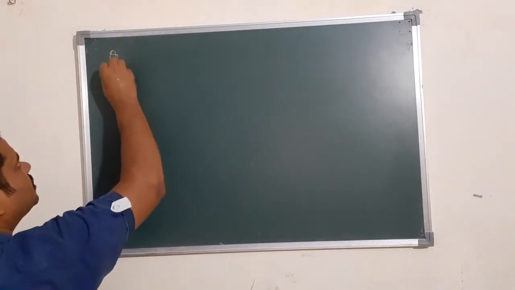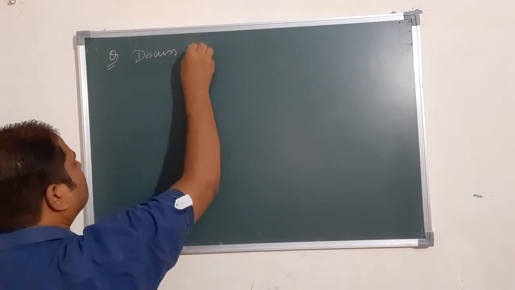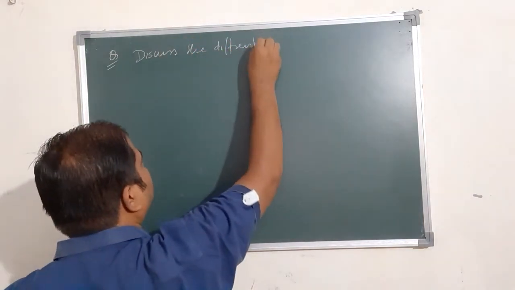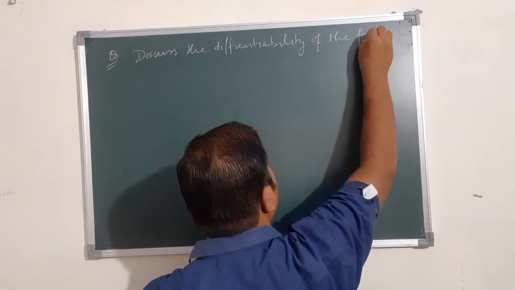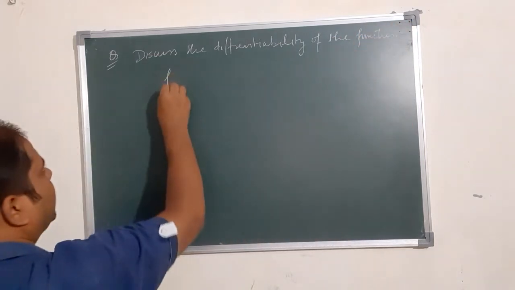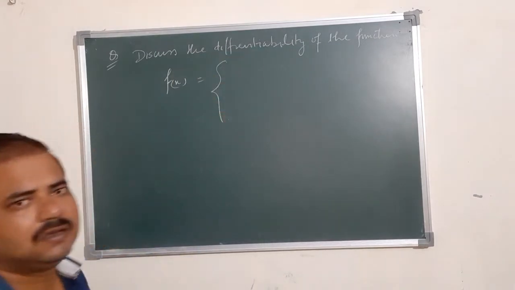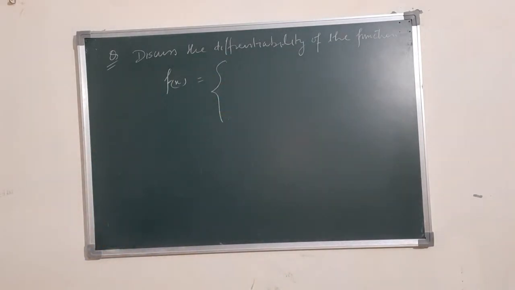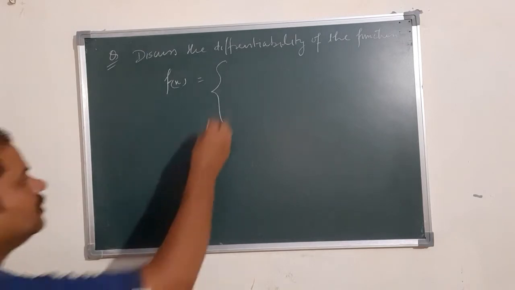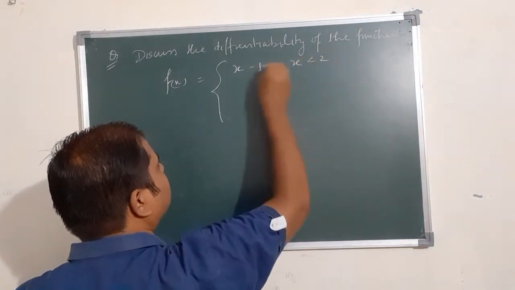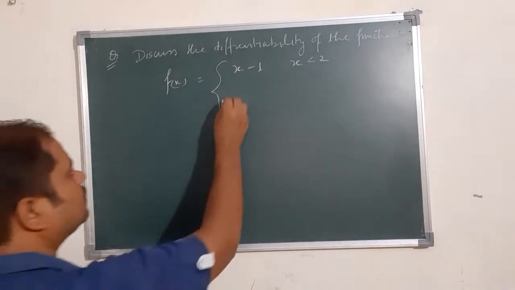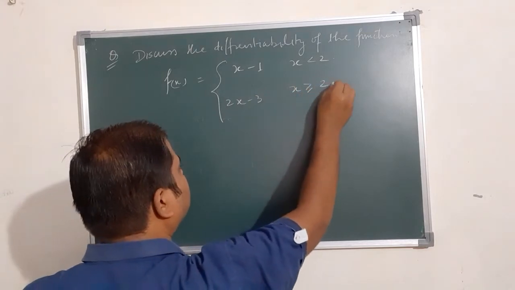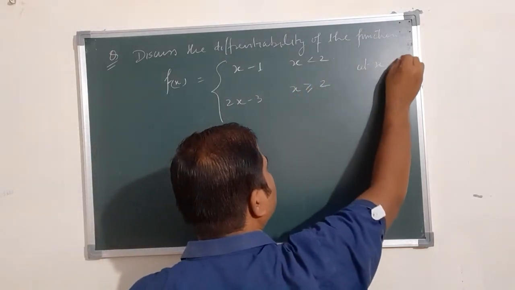Discuss the differentiability of the function defined by f(x) is equal to x minus 1 if x is less than 2, and 2x minus 3 if x is greater than or equal to 2, at x is equal to 2.